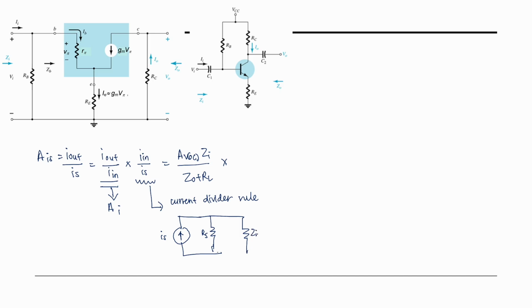This is your Z in, and this is V in. We only consider up until here. So this is your I in, and this is your IS.